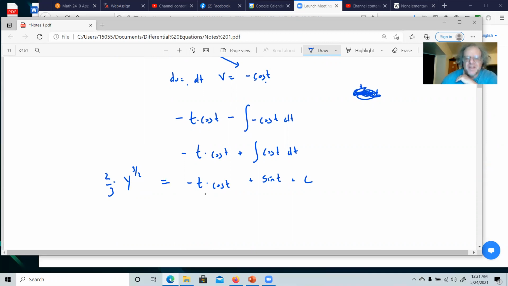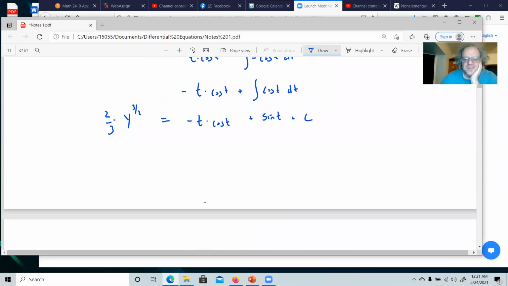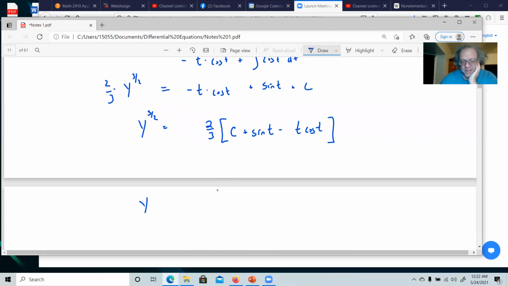So this is just going to be y to the 3/2 is equal to 2/3 times c plus sine t minus t cosine t. And then if we needed to solve it explicitly, I don't remember if the instructions said so, but probably. So we have 2/3.